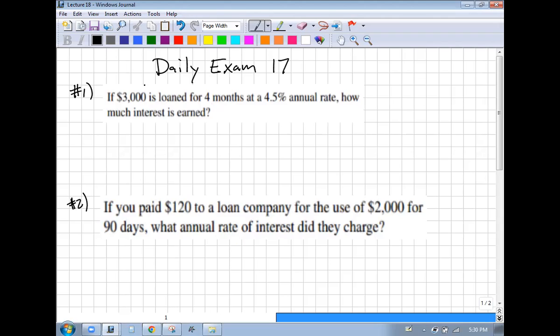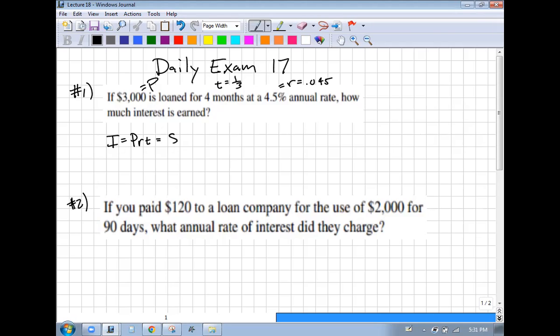$3,000 is the loan. So that's our principal for 4 months. So our time is what? If it's 4 months, it's 1/3 of a year. So T is 1/3. At this annual rate, our R here is 0.045. How much interest is earned? Well, you know that I = PRT, right?